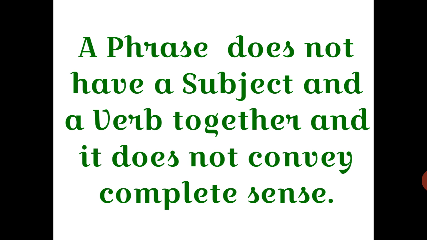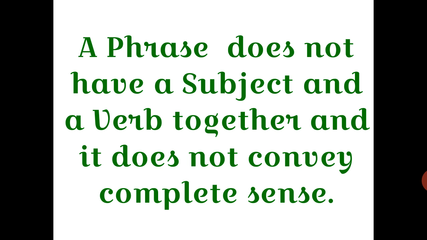Here is the definition of phrase. A phrase does not have a subject and verb together and it does not convey complete sense. Just remember, as we completed our last week grammar, types of sentences, subject verb agreement, there we were able to see the subject and predicate.